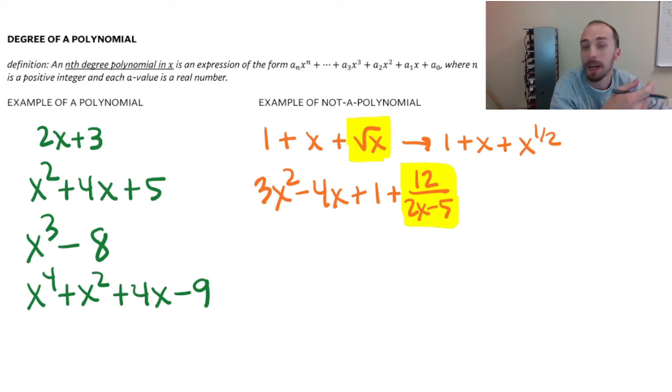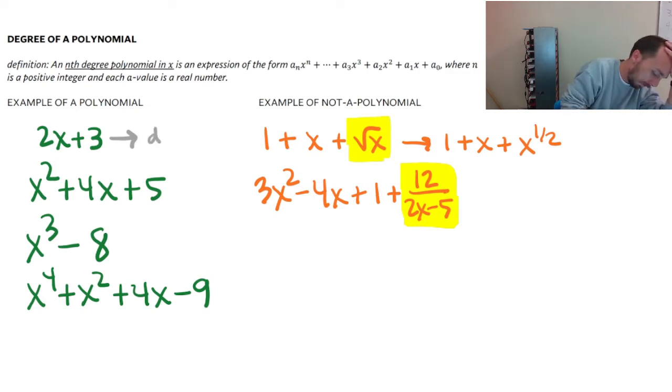Okay, now the next thing I might ask is what's the degree of a polynomial? Okay, and the degree, I've already mentioned it, is the highest exponent we see. So, for each of these things that are a polynomial, I'm going to go through and give the degree. So, this first thing, I only see 2x, and that's x to the first power. So I'm going to say that's degree 1. Okay.